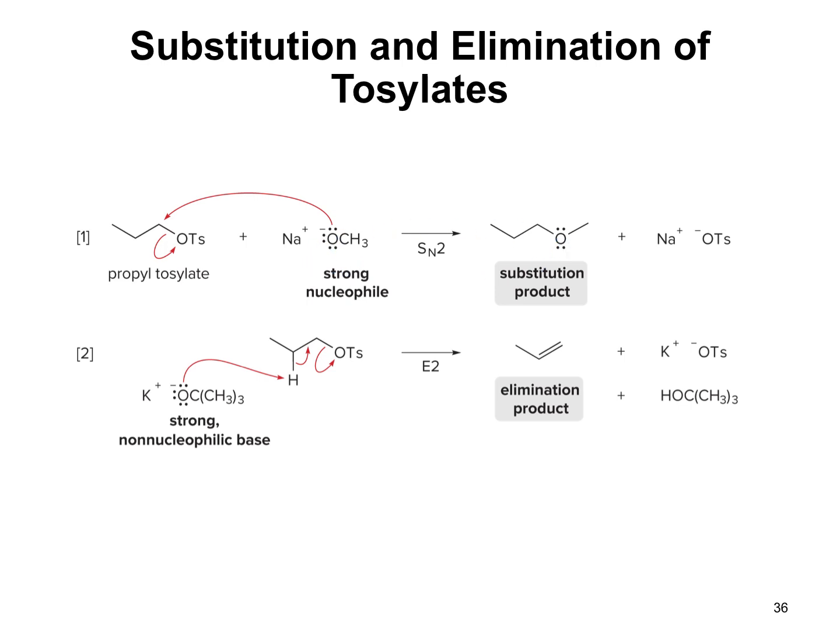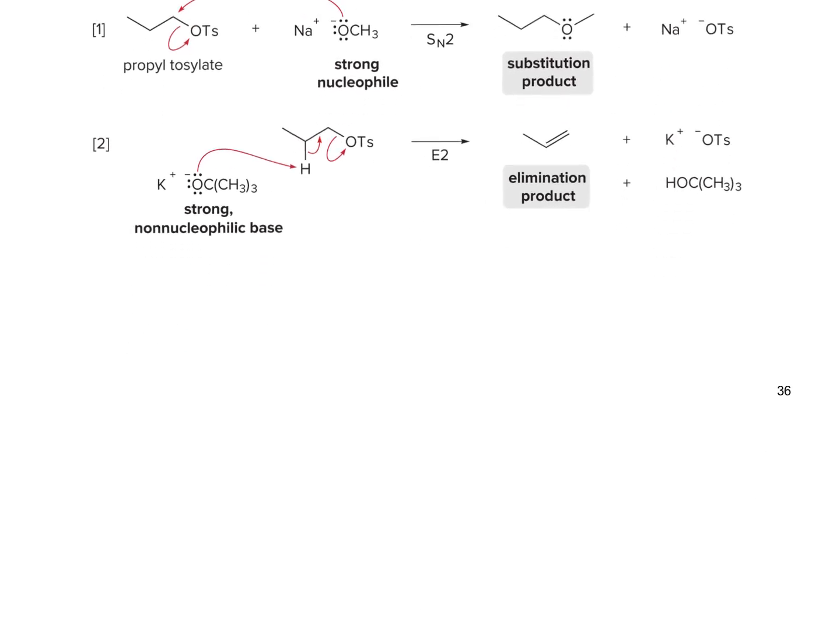Now, I want to talk a little bit about this SN2. Because substitution occurs via this SN2 mechanism, inversion of configuration results when the leaving group is bonded to a stereogenic center. What do I mean by that? Well, if we look here, we have this alcohol, which is cis, and we are going to form the tosylate version.